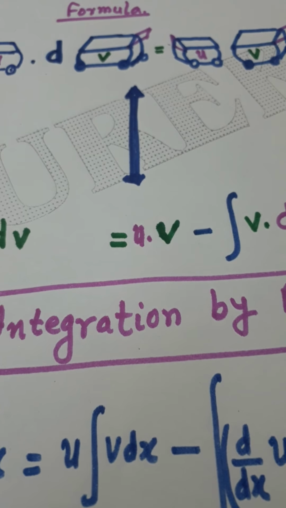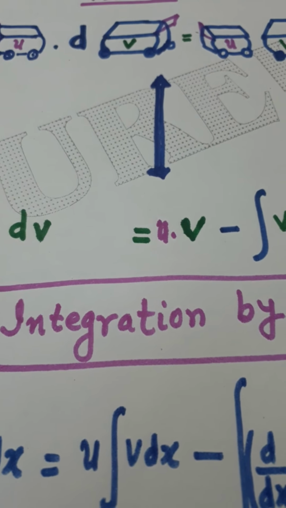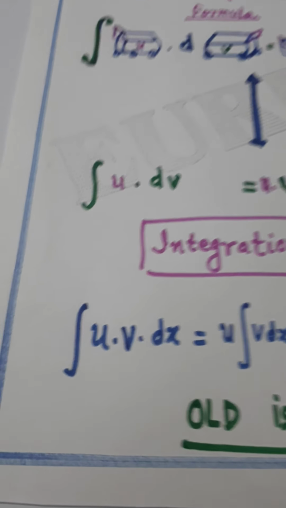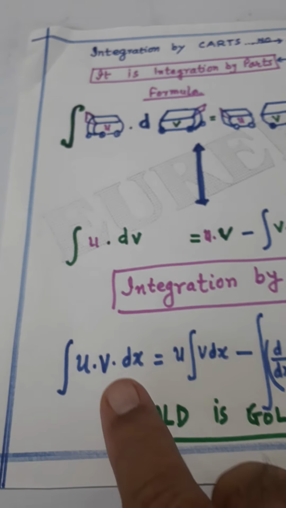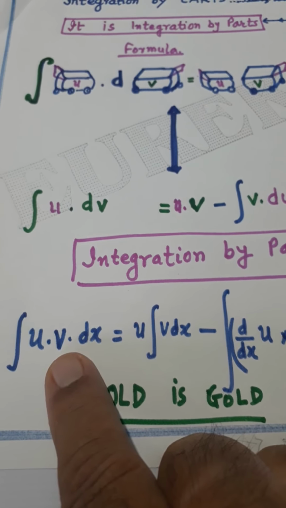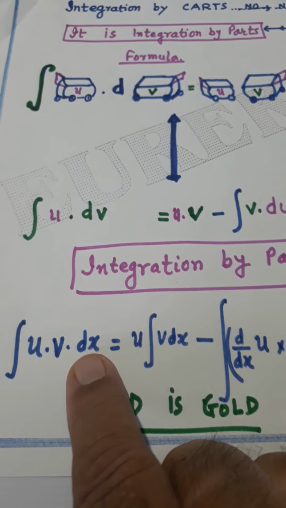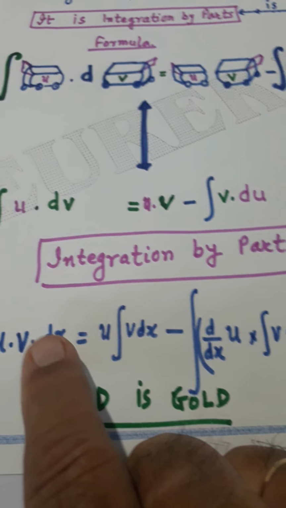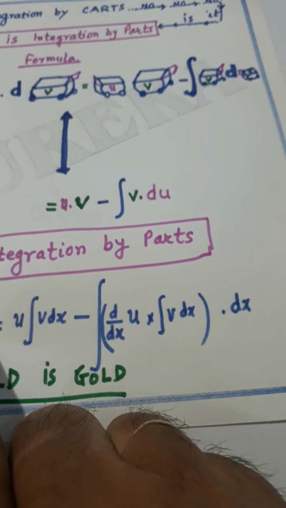And there is one old formula, and old is gold. Look here. This is the simple direct formula, integration of u v dx. So you have to decide which will be your u and which will be v with the help of ILATE.